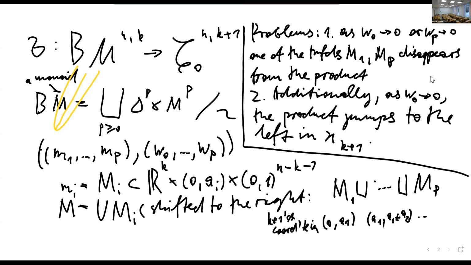And besides, in this definition, we start from 0, so the something jumps to the left. Because it used to be we used to have M2 in the slab from A1 to A1 plus A2, and then we have the same thing, but in the slab A0, A2. Does this make sense?